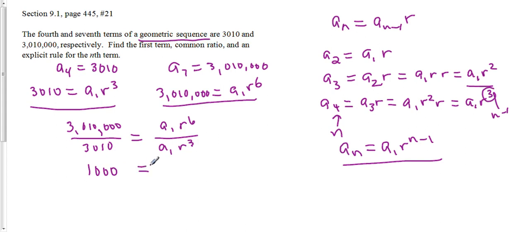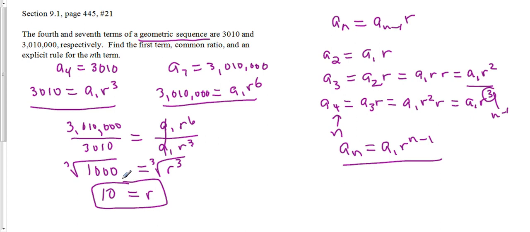On the other side, I can do a little algebra. I can cancel out the A1s because I have one in the numerator and one in the denominator. When I take r to the 6th divided by r cubed, I end up with r cubed. This is very helpful because now I can just solve for r by taking the cube root of both sides. The cube root of 1,000 is 10, and the cube root of r cubed is r. So I end up with the common ratio, r, equal to 10.